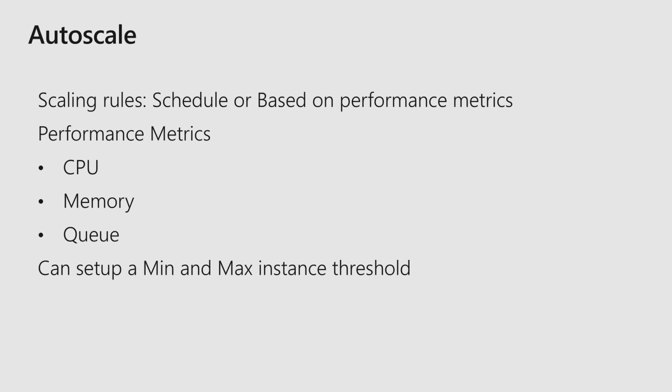Also, auto-scaling. When it comes to auto-scaling, we have a bunch of rules that we can have scheduled or based on performance metrics. And this is an important topic because I have customers that know that they need more compute capacity on certain days of the week. For example, one of them really needs more compute on Friday night and Saturday night. So we have a scheduled scaling rule.